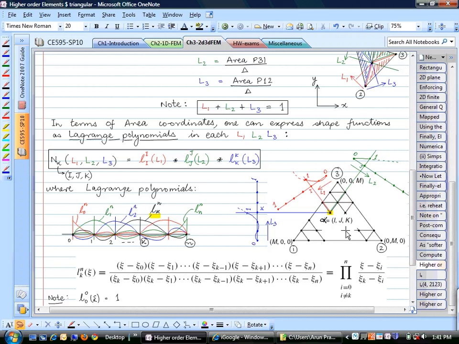And the idea is that, let's say we have this triangle, and there are multiple nodes inside this triangle, where we are saying that in each direction, let's say L1 is going like this, which means that L1 starts from this edge, and it goes all the way up to here. So for any point along this edge, L1 would be 0, right? And as you go up here to reach the point 1, L1 reaches 1. So L1 starts at 0, goes all the way up to 1.